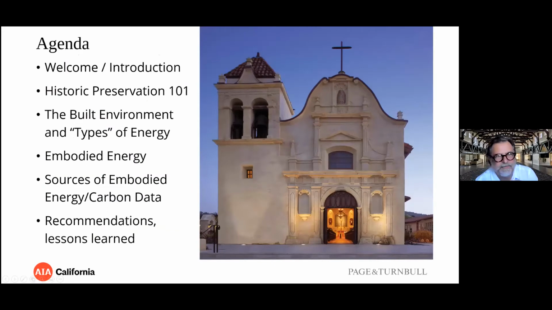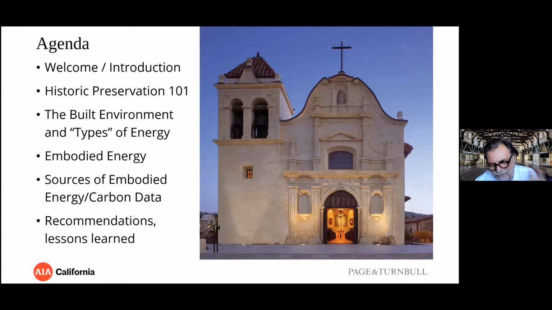So today we've covered the welcome and the introduction. I'm going to do a quick historic preservation 101 for folks in the audience who aren't as familiar with historic preservation. I'm going to talk about the built environment and types of energy, how embodied energy and carbon relates to that, and then looking at sources of data and new tools that are emerging, and then some thoughts on embodied carbon.